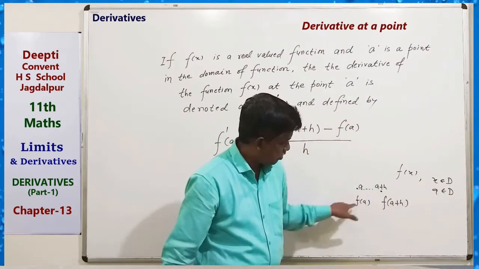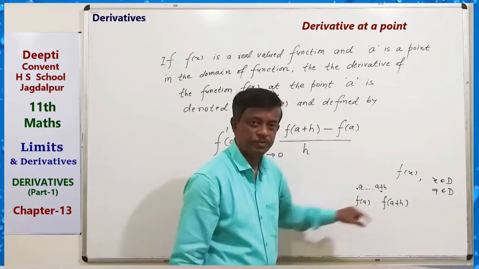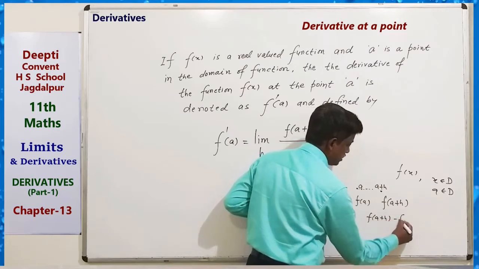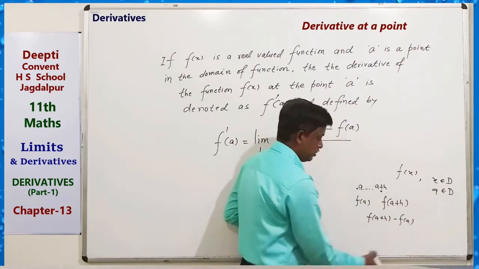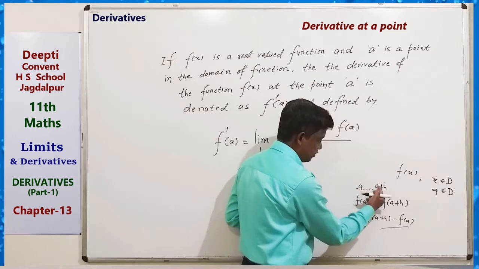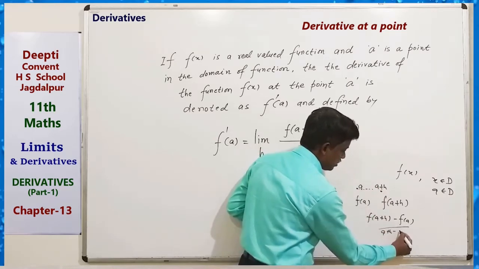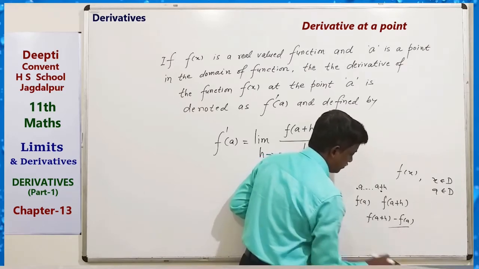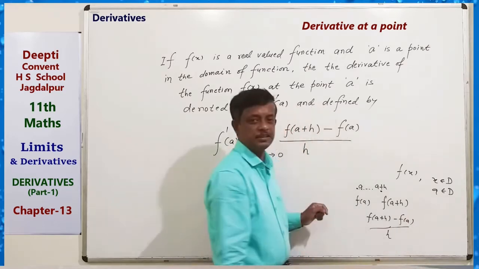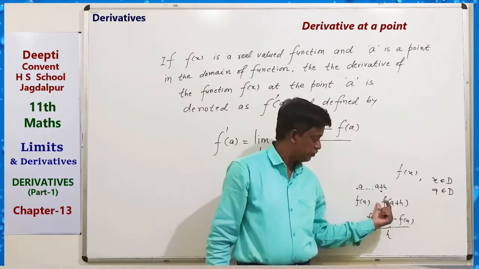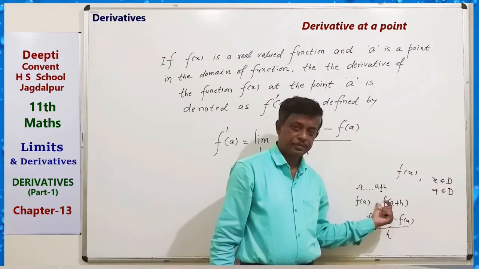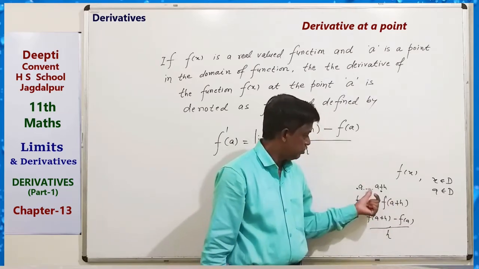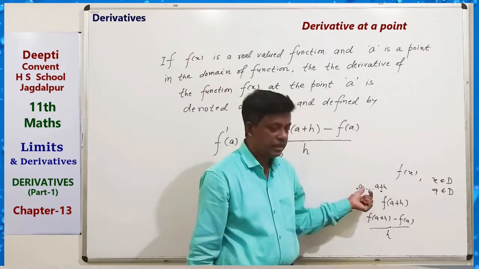Now the difference of these two values, f(a plus h) minus f(a), is divided by the difference of a plus h minus a, that is h. So it is the change in the value of the function at a small increment in the value of the variable, at the point a.